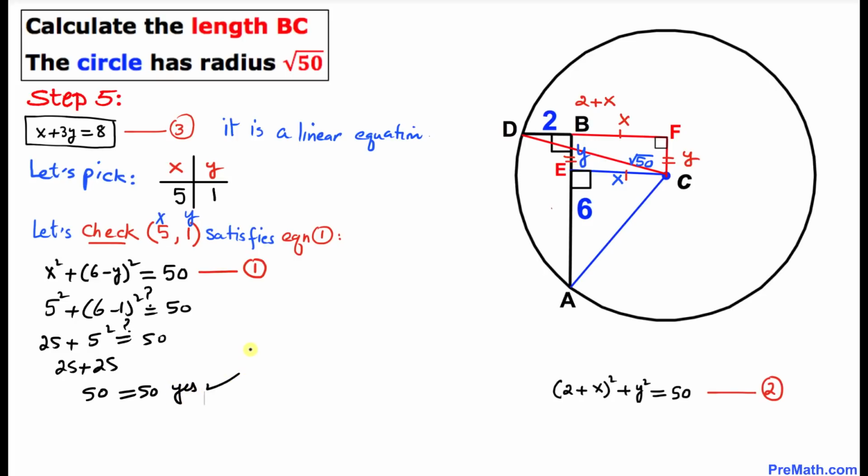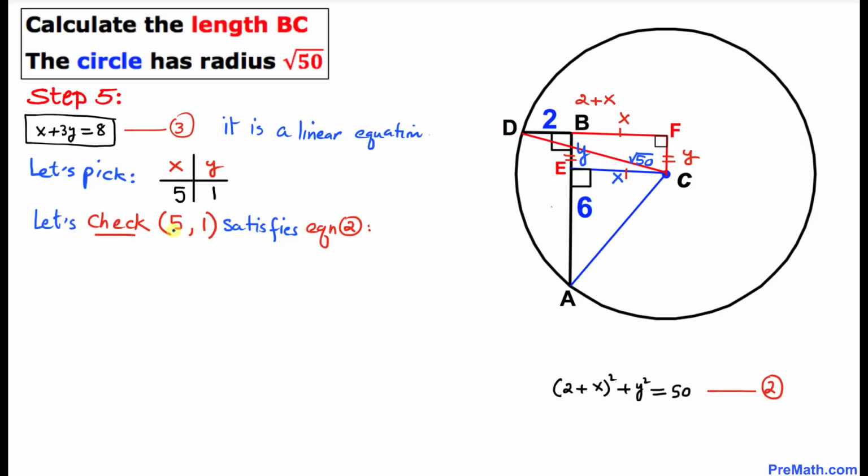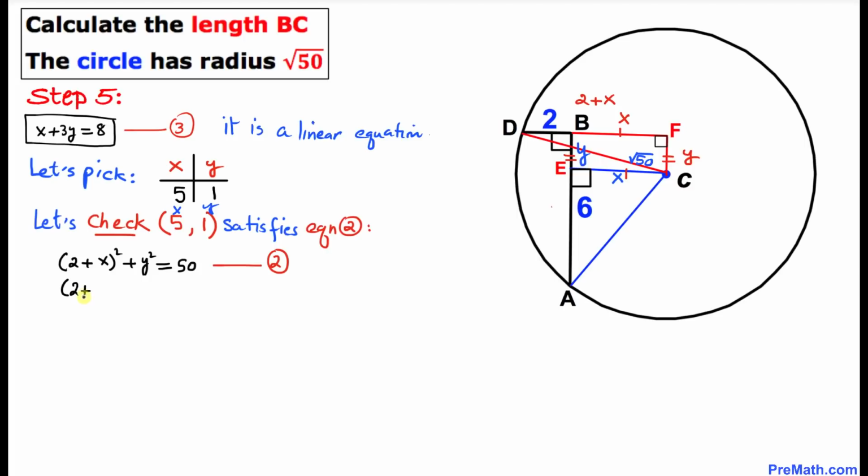That is check. And now we are going to check this ordered pair 5 and 1 for equation number 2 as well. And here's our equation number 2. Once again, let's substitute x for 5 and y for 1 in this equation 2. That is going to become (2 plus 5) square plus 1 square equal to 50, question mark.